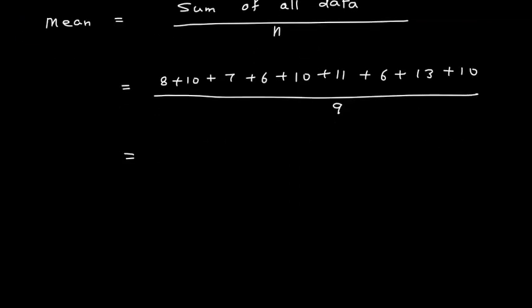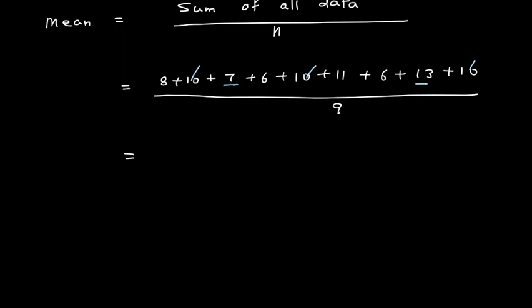Now we add. 10, 10 and 10 give 30. Then 13 plus 7 is 20, so 30 plus 20 is 50.